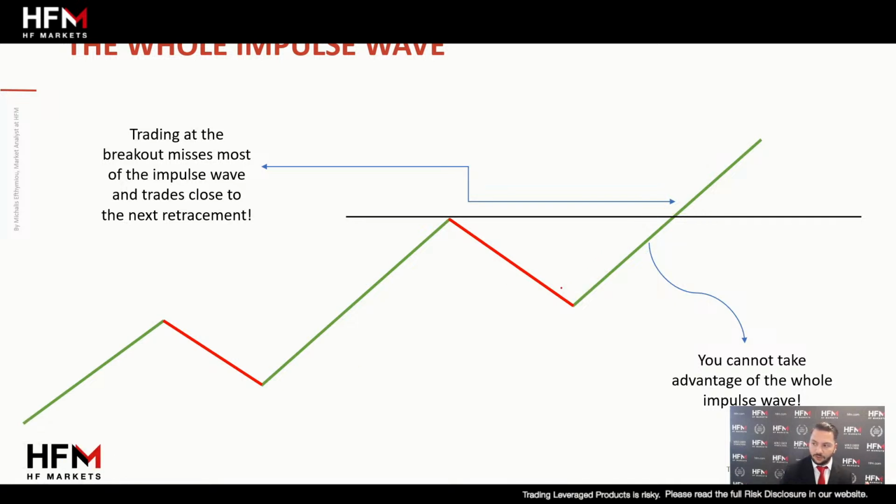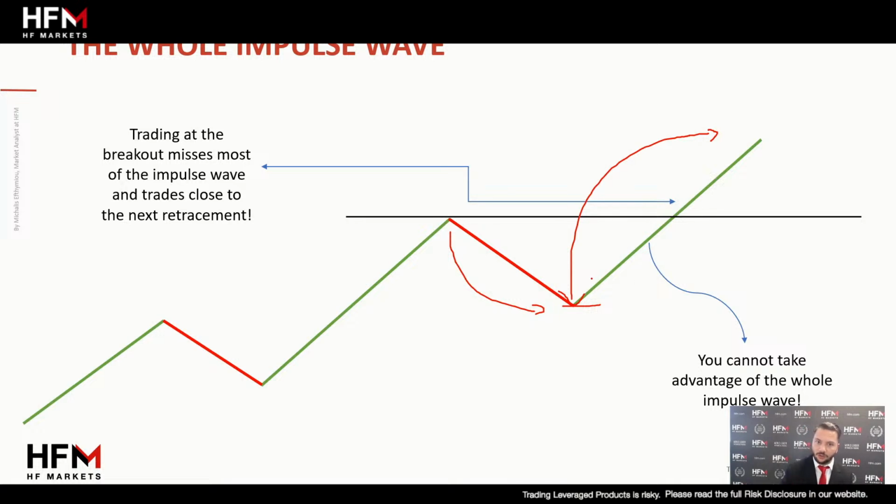Now, if you're trying to trade and take advantage of the whole price movement, then, ladies and gentlemen, you're trading a very risky strategy. Why? Because if you open a trade here, the issue is that you're most likely going to be trading when the price is moving against the trend. So you're trading and speculating while the price is moving against you, which is very risky.